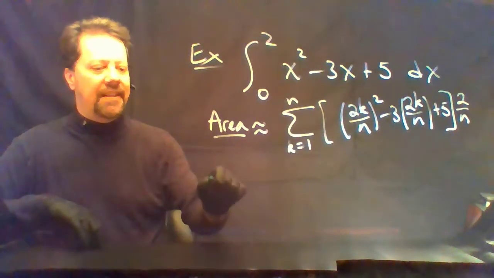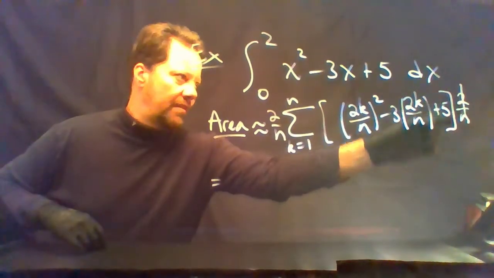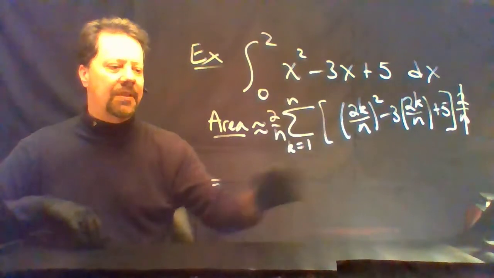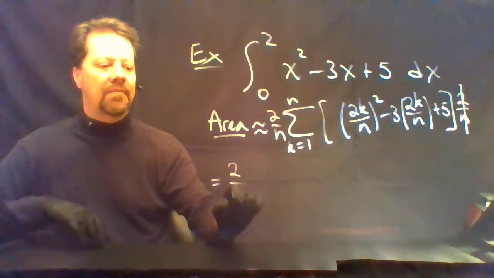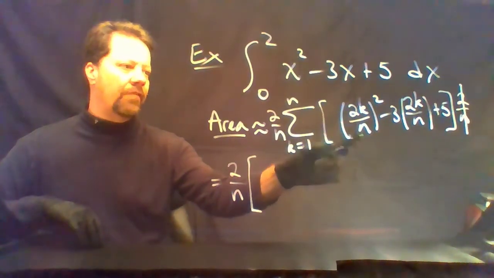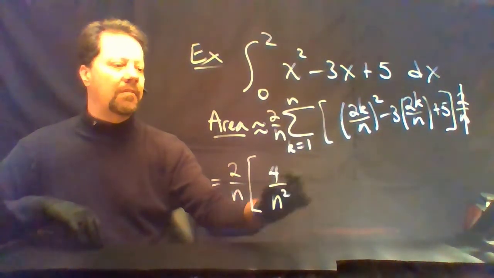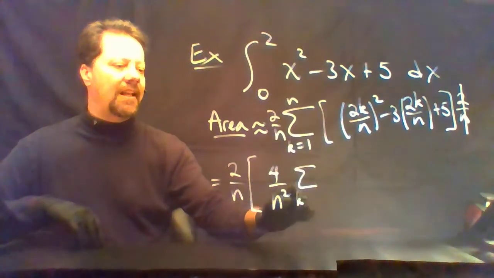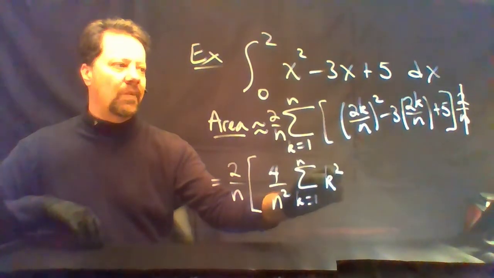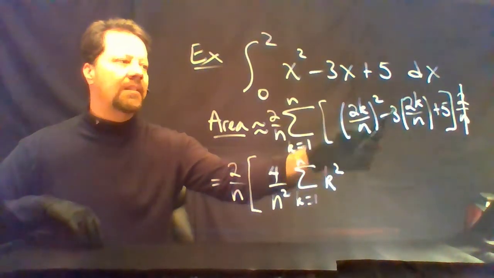We'll simplify this. 2 over n can come out of the entire thing. We'll break this into 3 separate sums. The first sum has 4 over n squared that can be factored out of the sum as k goes from 1 to n of k squared. 2 over n times 3 can be factored out.